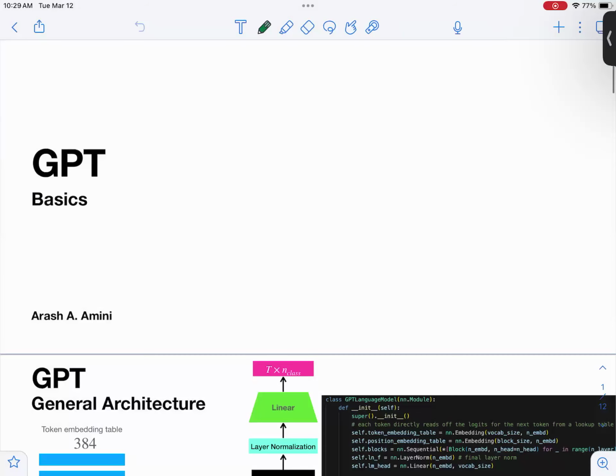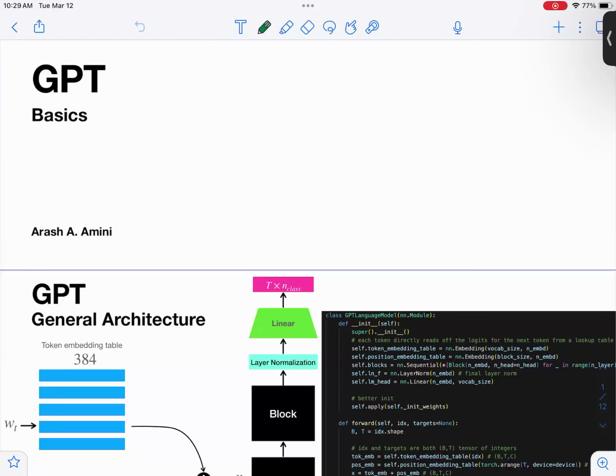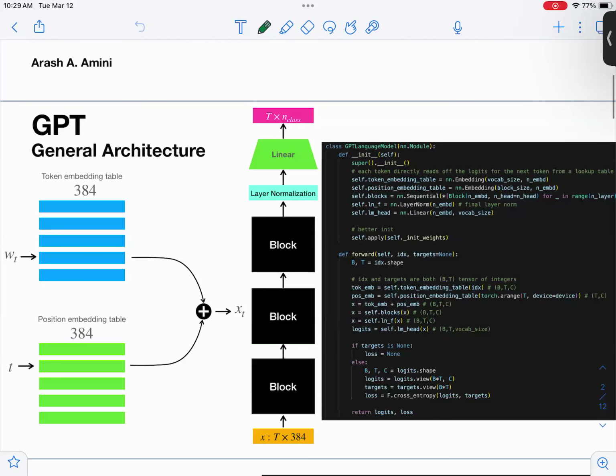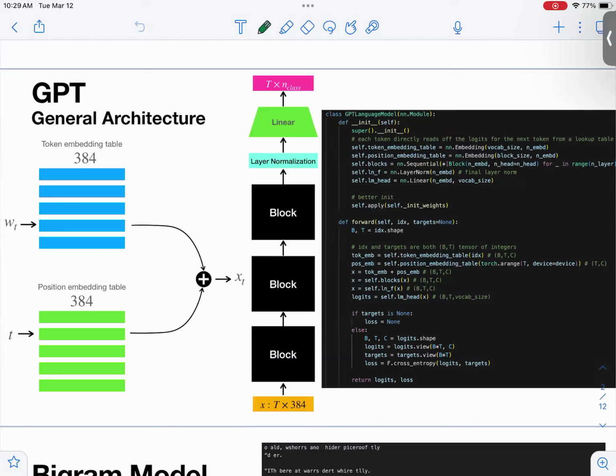These are my slides on GPT. This is GPT.py, and I just want to walk you through how it's built and show you some performance. We can't train it in class because it requires a powerful GPU and takes a while.